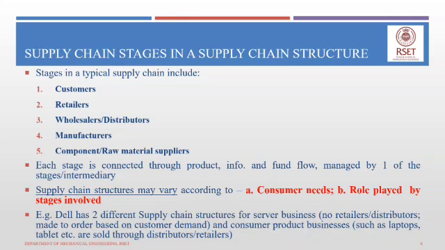Okay, so when we talk about supply chain structure, a supply chain structure is not always fixed. It changes or varies according to consumer needs, the product nature, and the roles played by the stages involved. Okay, and any typical supply chain structure consists of 5 stages: a consumer stage, a retailer stage, a wholesaler stage, a distributor stage, a manufacturer stage, and a supply stage.